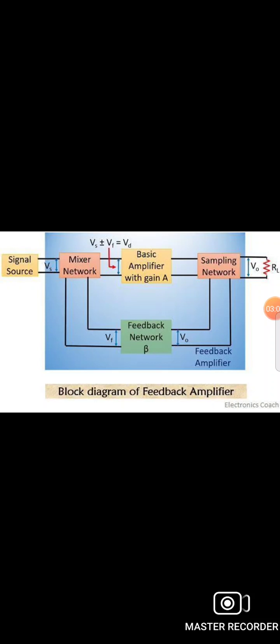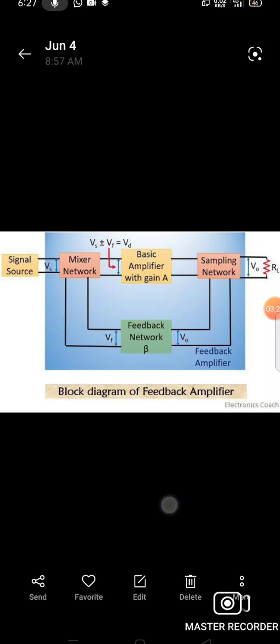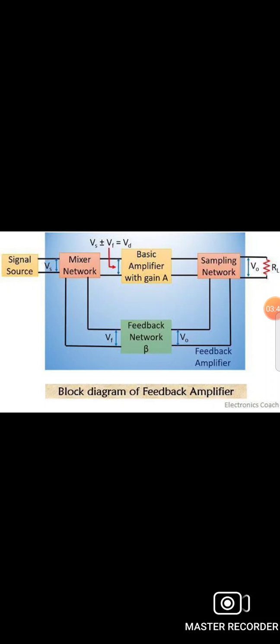You can take network elements that are only resistors or only capacitors or inductors, or a network formed with a combination of resistors and capacitors, resistors and inductors, or capacitors and inductors, or like that. Based on these different or individual elements in the network formation, you will perform the total amplifier circuit operations, right? So finally you have to get the amplifier output voltage something better than the input.